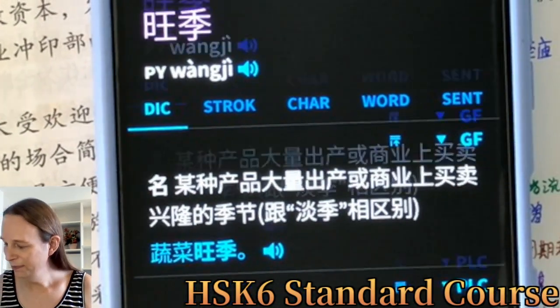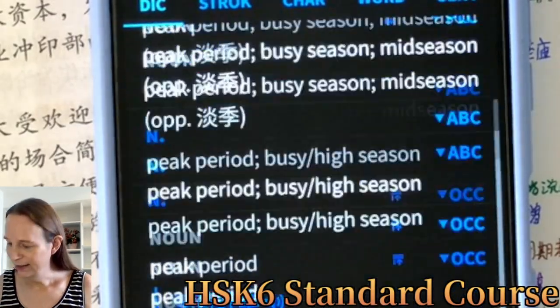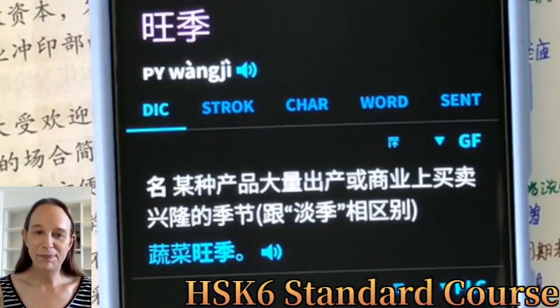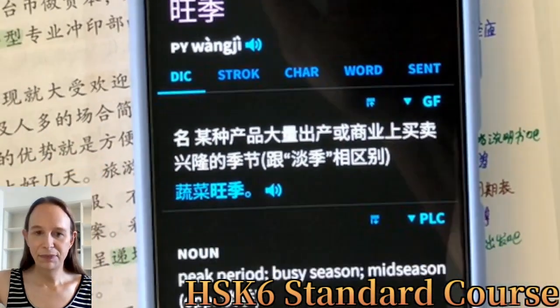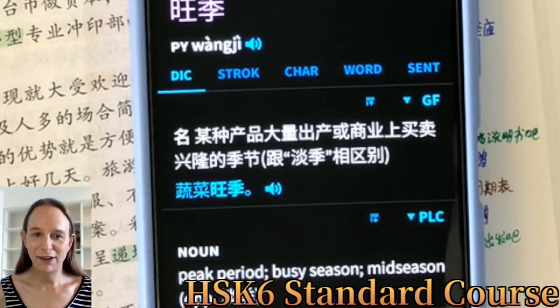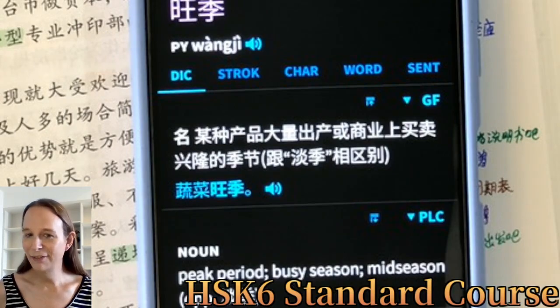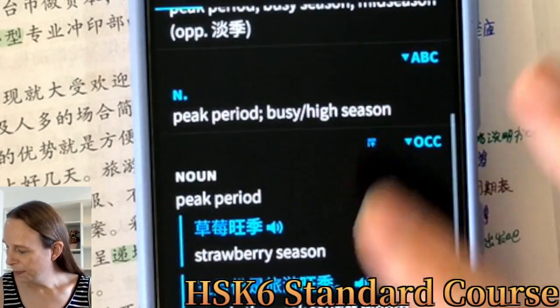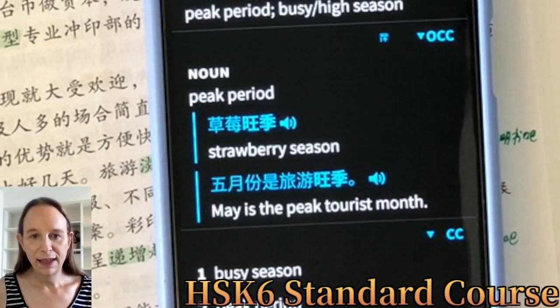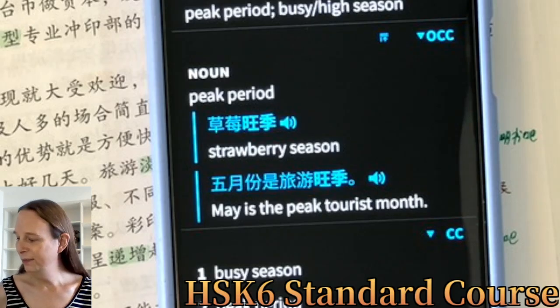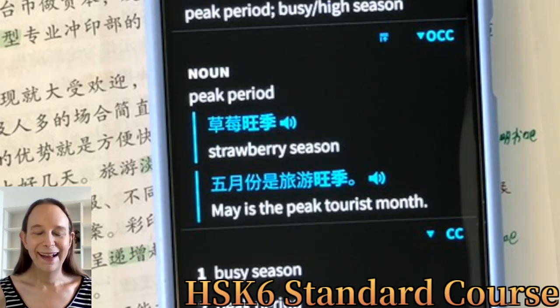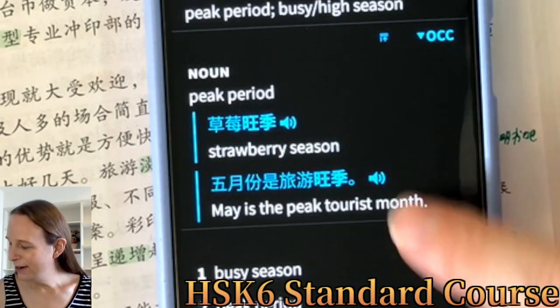Yeah, so peak busy season. So during the 旺季, it's very busy. Different places have different busy seasons. 蔬菜旺季, so maybe this is a peak season for potatoes or something like this. 草莓旺季, 5月份是旅游旺季. Yeah, so in May people travel, or it's peak tourist month. That depends where it is, really, whether or not May is good.